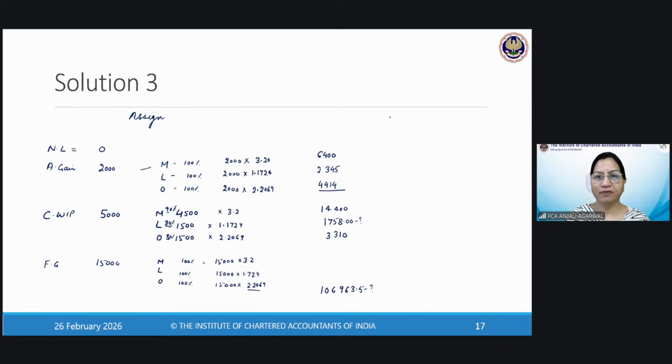Okay, but before that, what I'll do is 52,000 plus 28,000 of overheads plus 14,000 of labor is my total cost I have incurred this period, which comes out to be 94,000, right? 52,000 plus 28 plus 14.